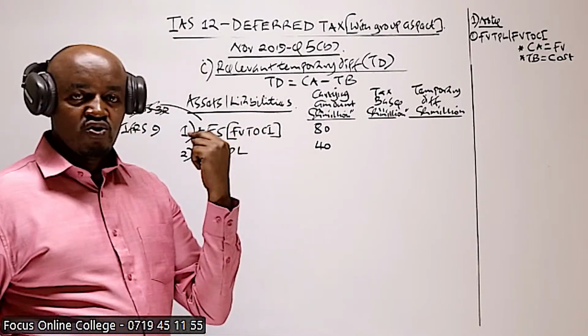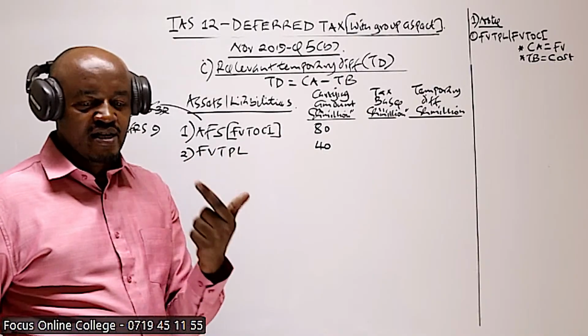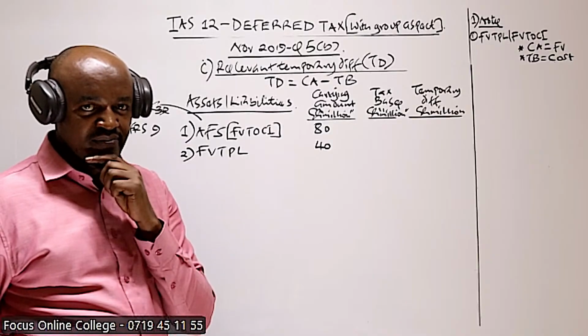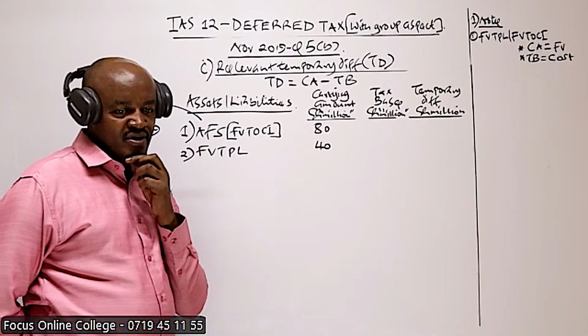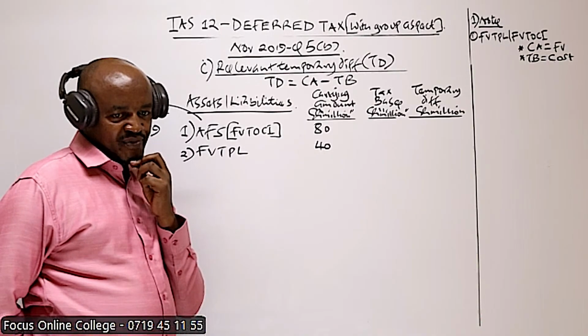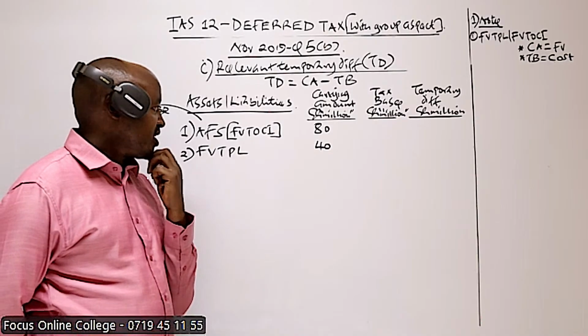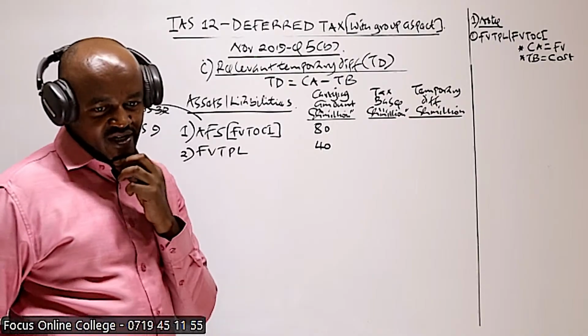Can you determine the cost at which they were bought? If their market value reduced by 8 million, can you determine the cost which was incurred by the company in acquiring them?